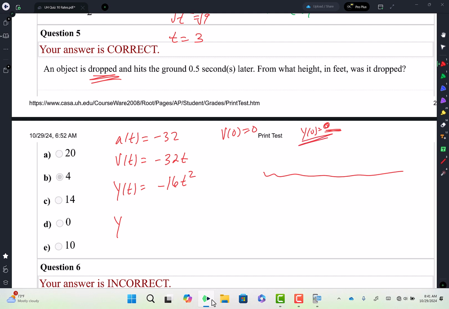So I'm just going to plug in the 0.5 to see how much I went down. Y of 0.5 equals negative 16, parenthesis, 0.5 squared. 0.5 squared is 0.25, so that is negative 16 times 1/4, which is negative 4.